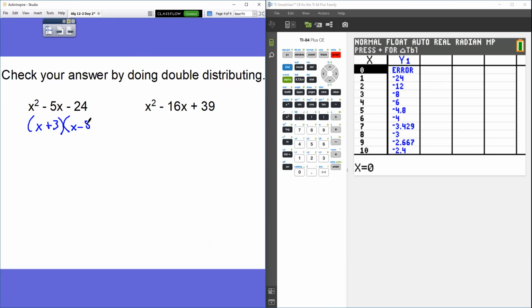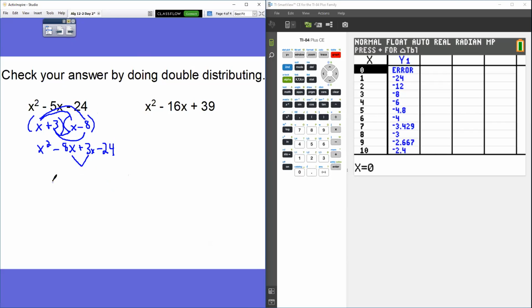If you wanted to check your answer, all that you would have to do is FOIL or use the double distributive property. x times x is x squared. x times negative 8 is negative 8x. 3 times x is 3x. And 3 times negative 8 is negative 24.